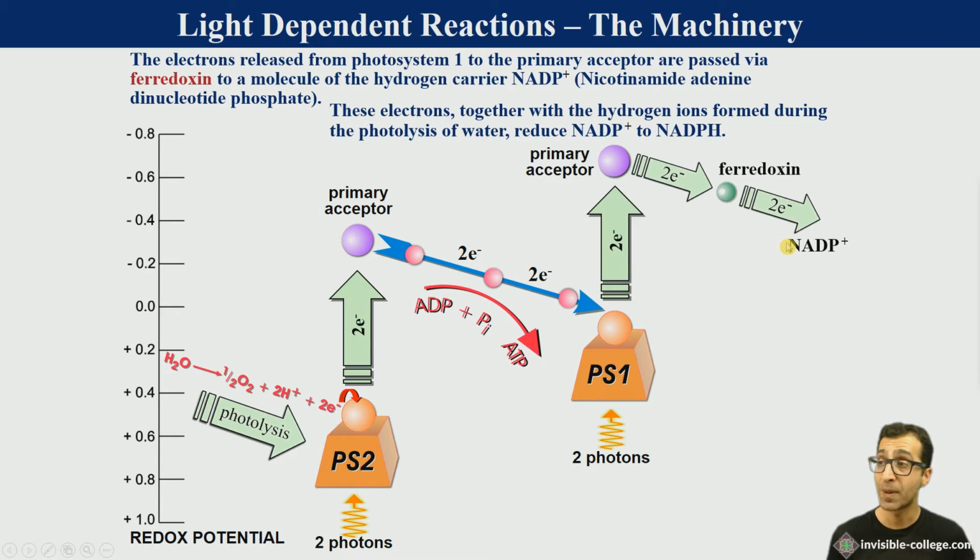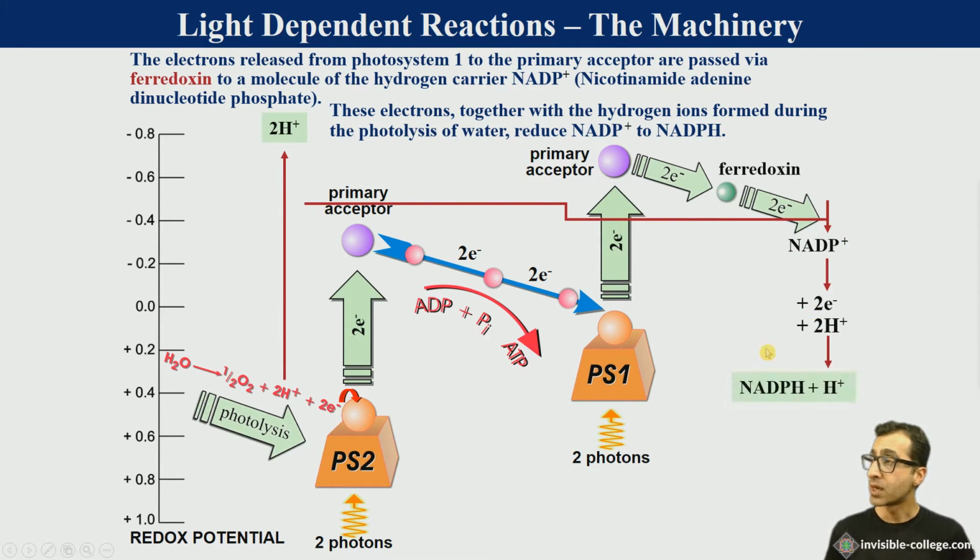So in this case, when we talk about the reduction of NADP+, we are referring to the fact that the electrons, together with the hydrogen ions formed here, are being used to add hydrogen to the NADP+, and therefore this matches the definition of reduction with respect to the addition of hydrogen ions. So the hydrogen ions from here are being promoted to a higher energy level, and then eventually are being passed down to NADP along with the two electrons to form a more stable product at a lower energy level, NADPH, plus a free proton.